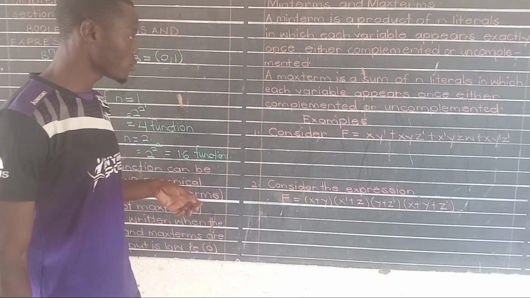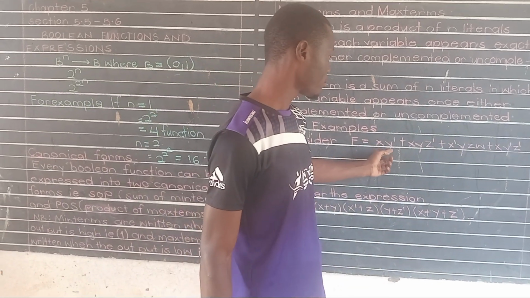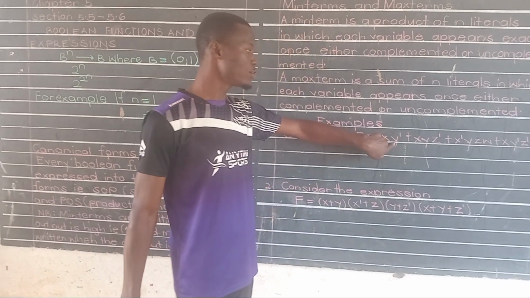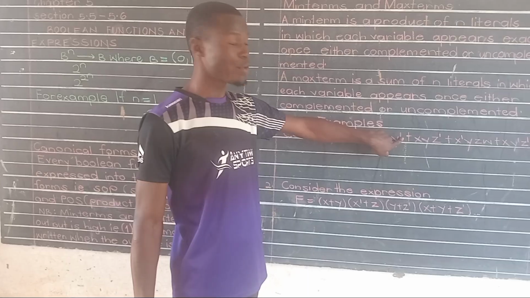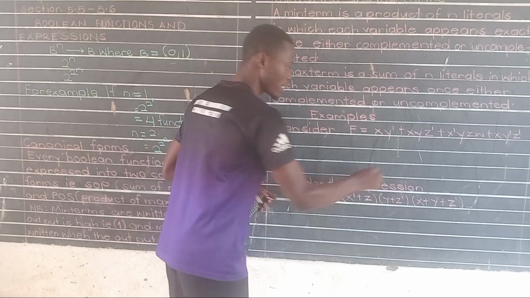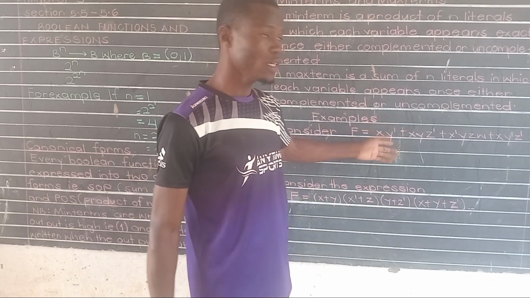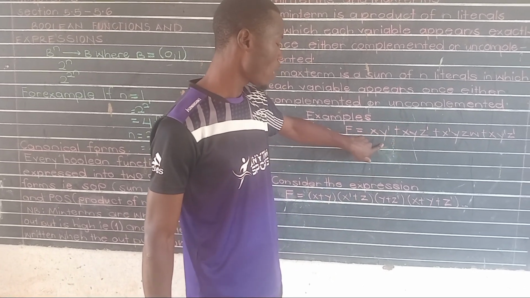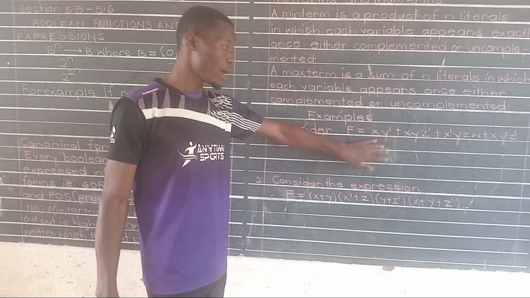For the example, I'm considering the function F is x y', where the y has a complement on it, which I can read as y prime, and sometimes we may write it as y bar, or y naught, or y complement.